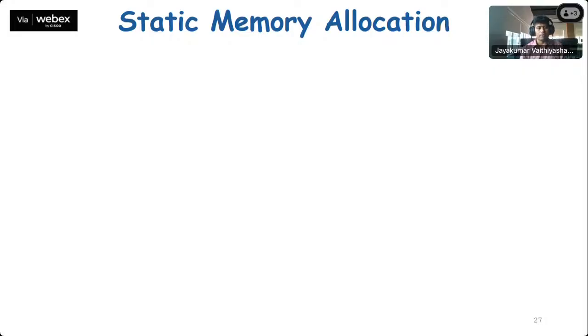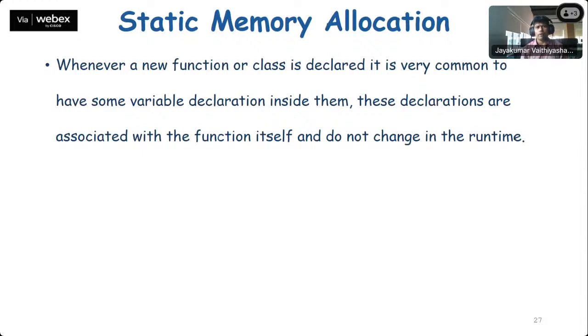First we discuss static memory allocation. Whenever a new function or class is declared, it is very common to have variable declarations inside them. These declarations are associated with the function itself and do not change in runtime, which is why it is called static.